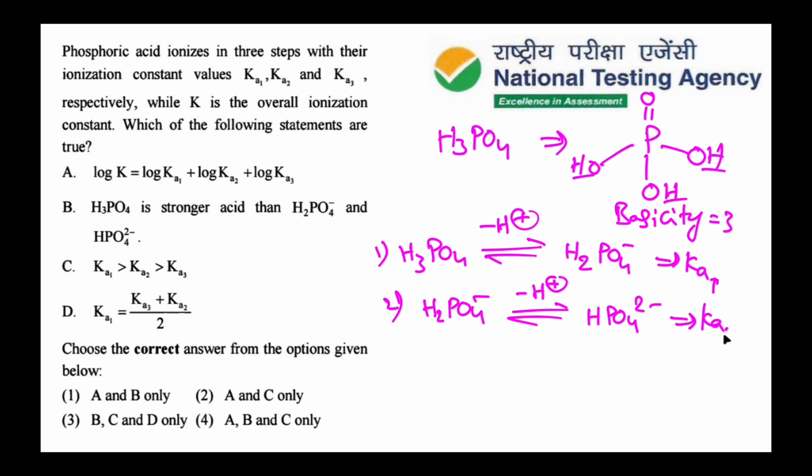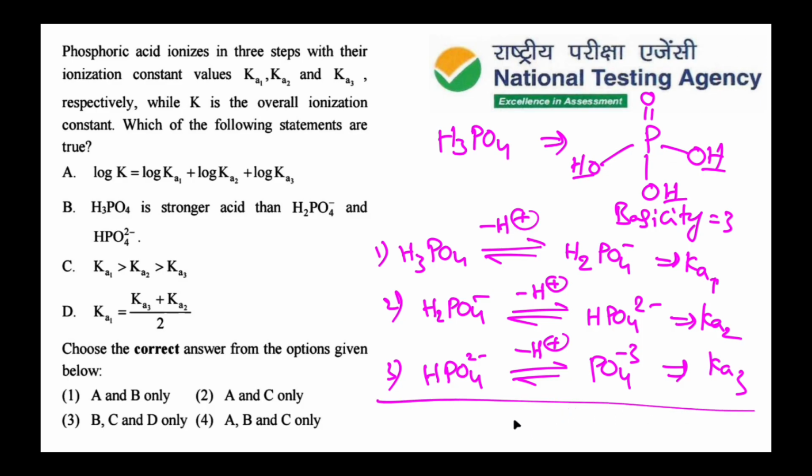This is Ka2. Then again HPO4 2 minus can donate one more H plus ion. Finally we get PO4 3 minus, that is Ka3.